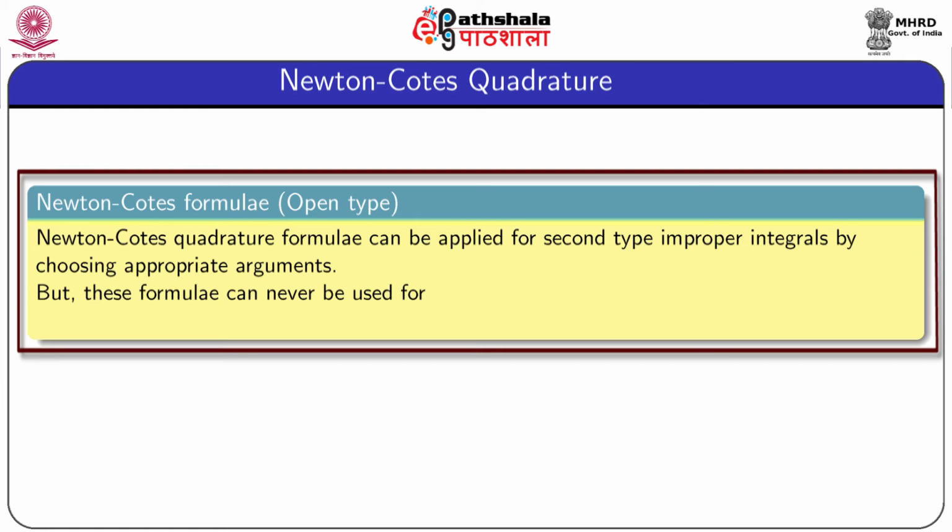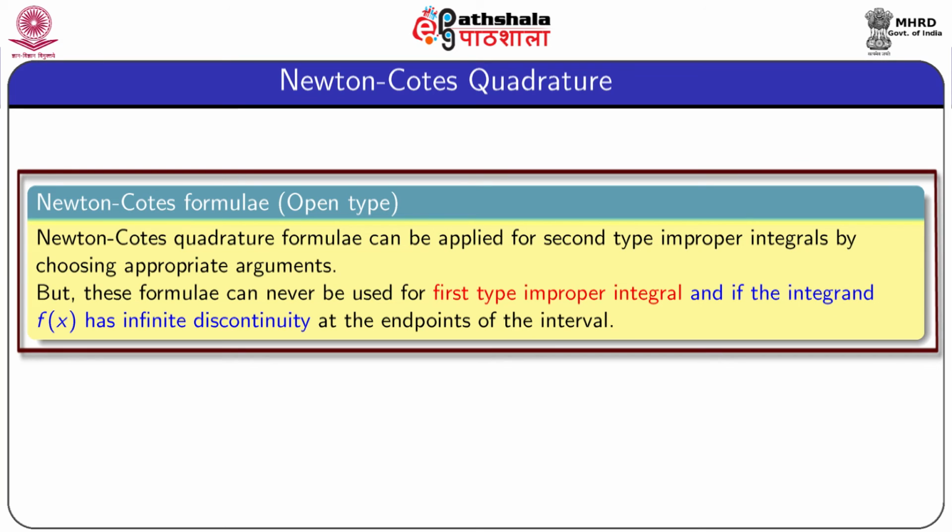But this formula can never be used for a first type improper integral, because in a first type improper integral the limits are minus infinity or plus infinity, therefore the length of the interval h is also infinity. And if the integrand f(x) has an infinite discontinuity at the end points of the interval, then also the closed type Newton Cotes quadrature formula cannot be applied.